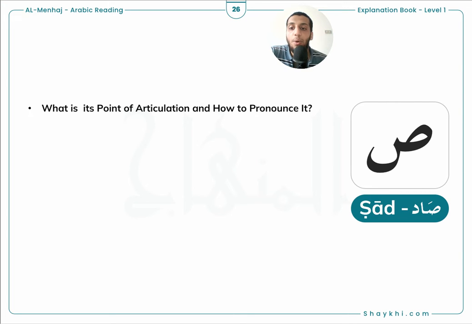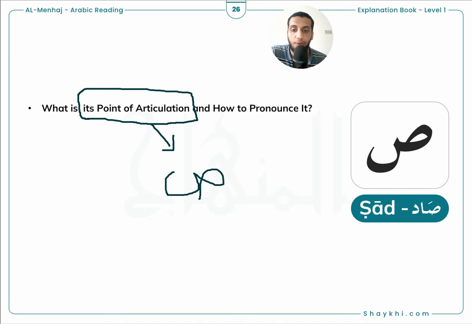Remember our golden rule to know the point of articulation of any letter. We have to put it in the state of a sukun, and put hamza with fatha before it, and then pronounce this letter.